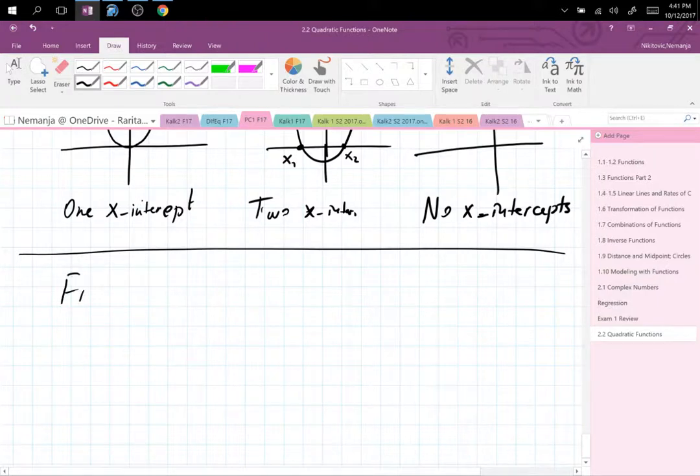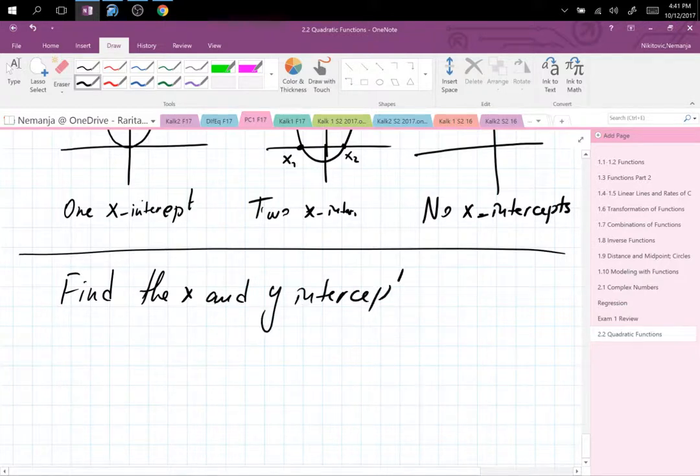Find the x and y intercepts for y equals, and this is where I go and steal a problem.